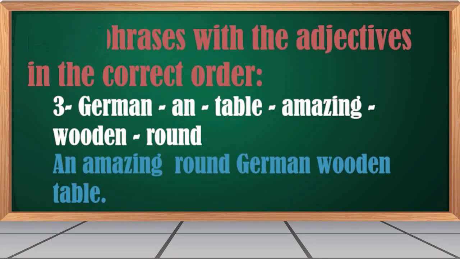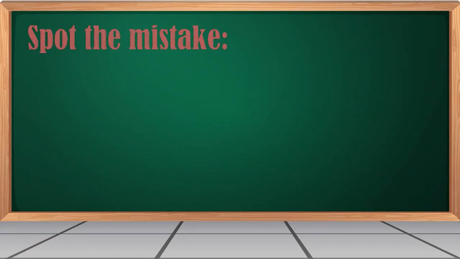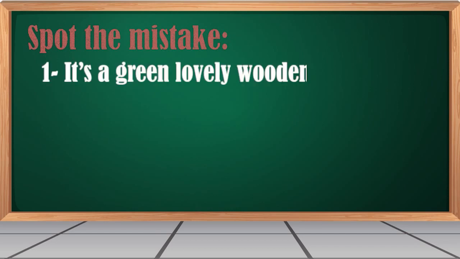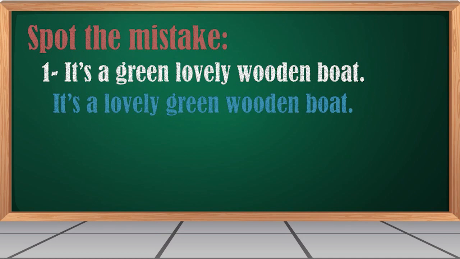Another practice. Spot the mistake. Number 1. It's a green, lovely, wooden boat. Where is the mistake? So the correct answer is it's a lovely green wooden boat.